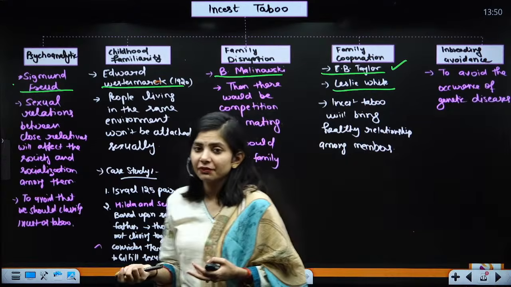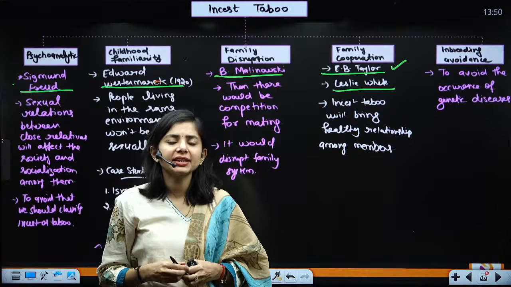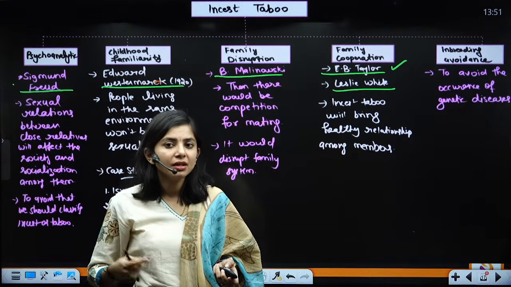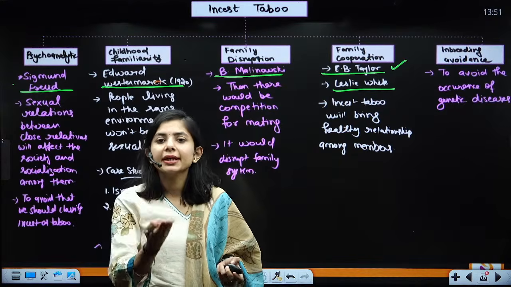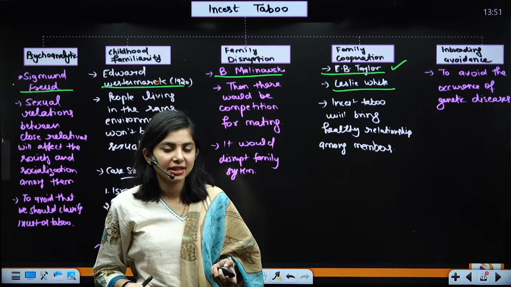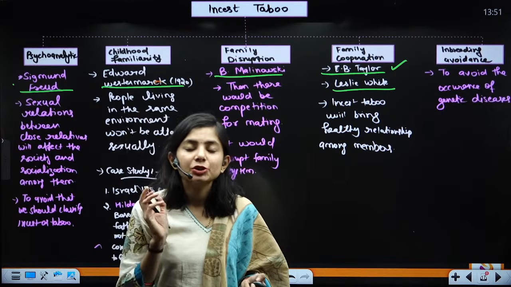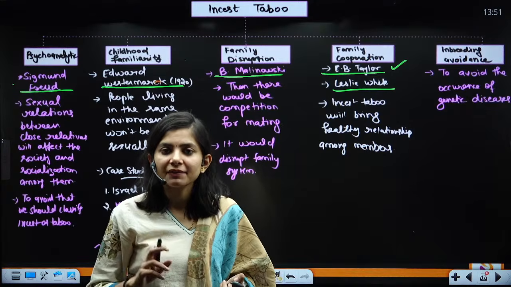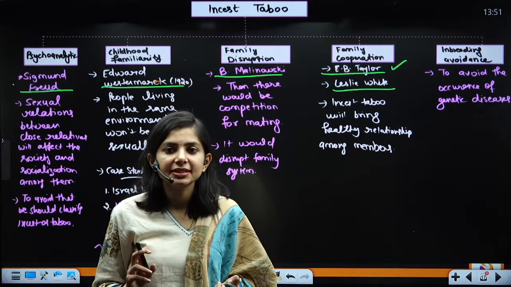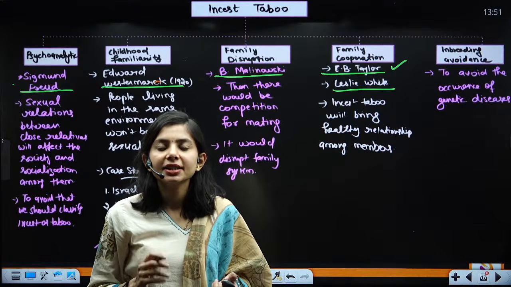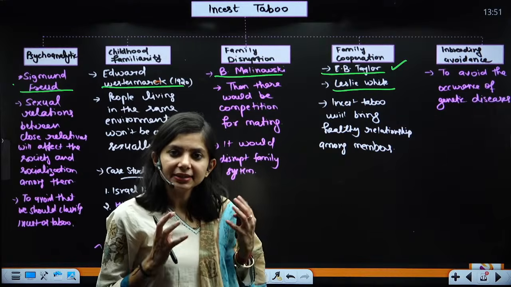So this is a scientific reason which is saying that if close relatives get married, like the kind of case we can see in Pakistan, the majority of the people are having genetic diseases, and the reason behind the genetic disease is that there is no incest taboo.